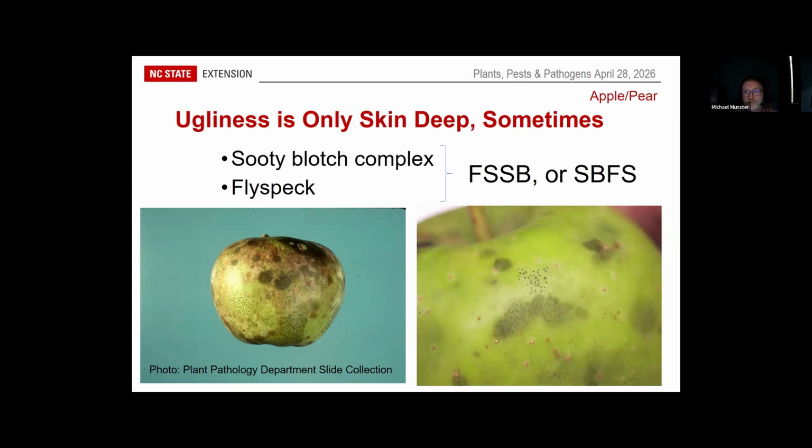So it's a complex of different fungi, but they all are characterized by this very superficial infection of the fruit, but a very common problem in the Southeast in unsprayed trees. Oh, by the way, don't confuse this with sooty mold, which is the development of fungal growth on the droppings, the honeydew of insects, or on other exudates like plant exudates. Now, these are actually fungi that are infecting the cuticle.